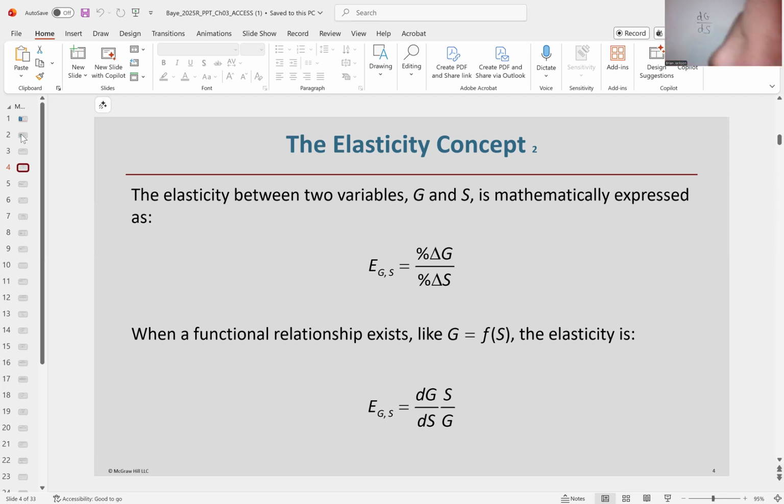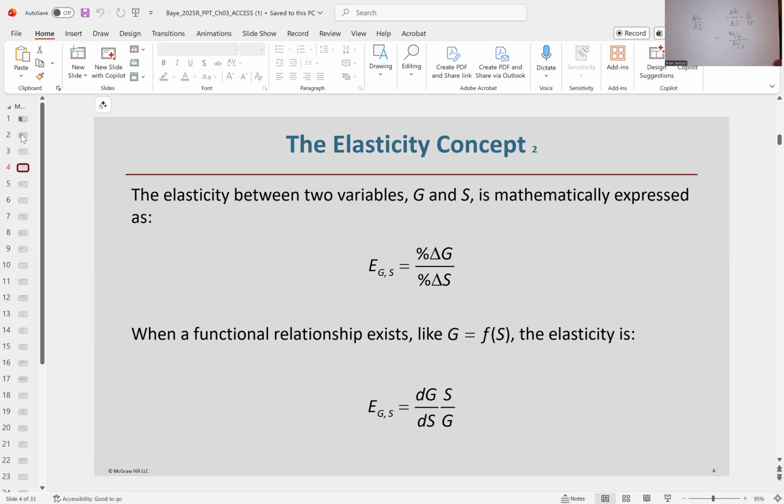If you had delta G over delta S instead of dG over dS and multiplied this by S over G, what you really have is something equivalent to delta G divided by G, divided by delta S over S. You invert the denominator and multiply here. This is just basic mathematics.